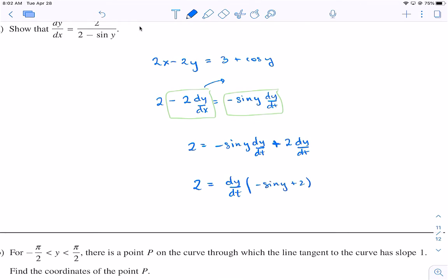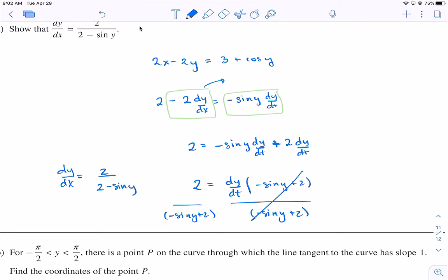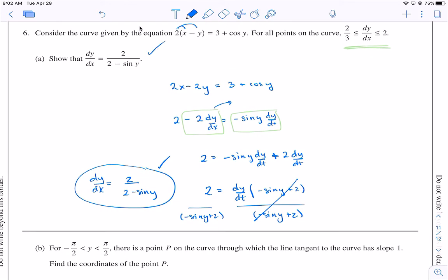To get dy/dx by itself, I would divide by negative sine y plus 2. These cancel out, so I end up getting dy/dx is equal to 2 divided by, I'm just going to switch the order, 2 minus sine of y. Well, this is exactly what we were asked to show.